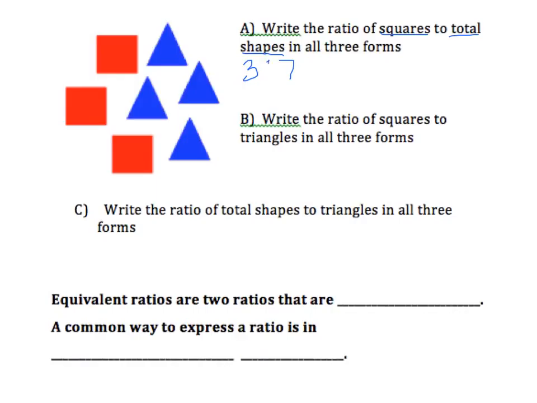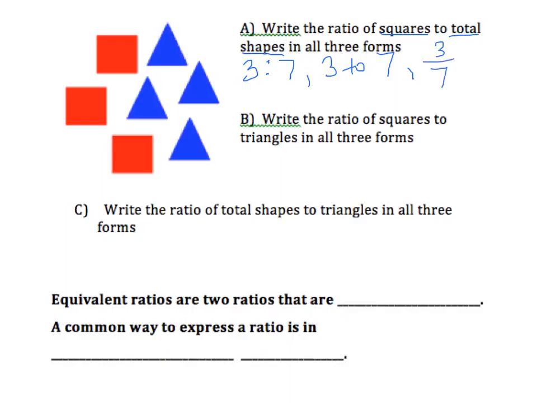And one way I could write this is with a colon. So I could write 3:7. That's one form, or one way to write this ratio. We could use the word "to" between 3 and 7. We could say 3 to 7. That's another way to write the ratio. Or I could write it as a fraction and have 3/7.